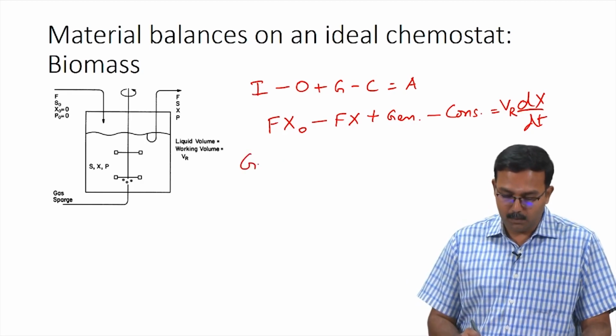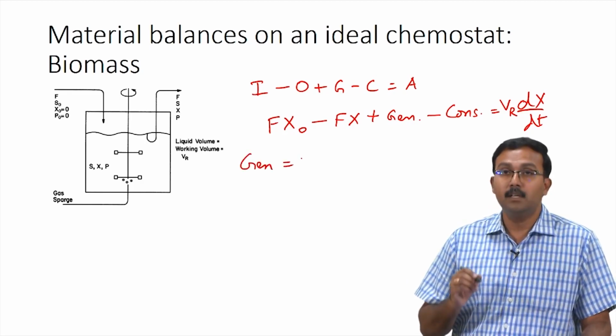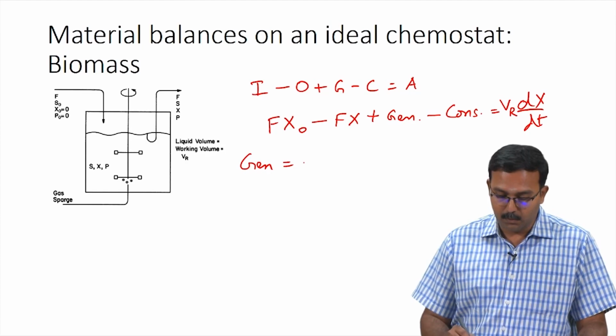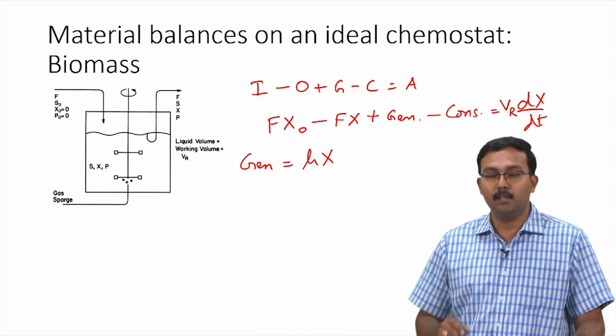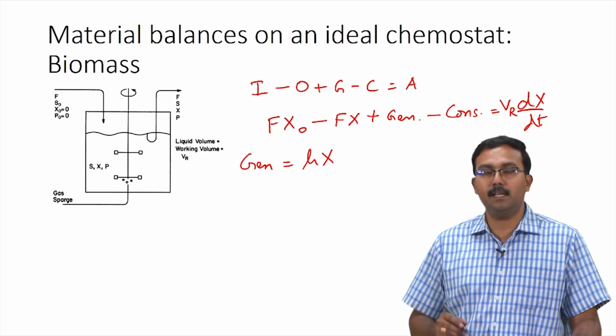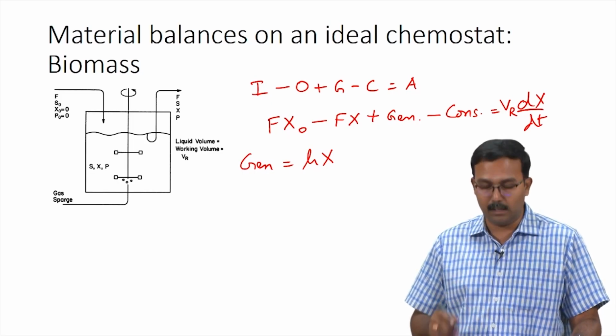Generation for biomass will depend on the growth of the cells. That would be based on the specific growth rate, which is mu times X, which gives us the growth rate in terms of change in biomass concentration with respect to time due to cell growth.